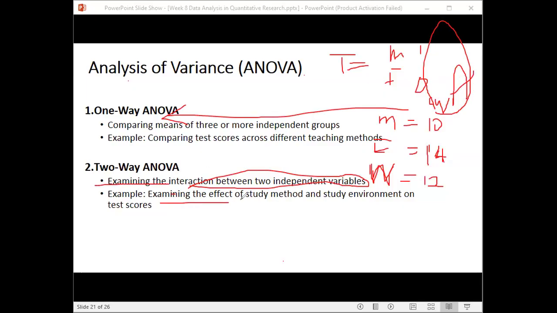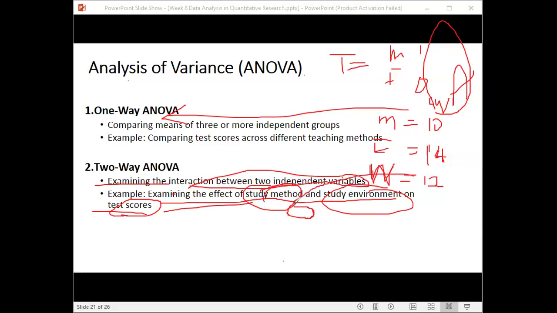So, examining the effect of study method and study environment on test scores. The test score is the variable we want to find the difference between the groups, but we are looking at it coming from the study method and then the study environment. How does the study method affect the test scores?